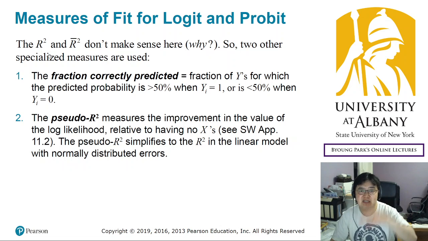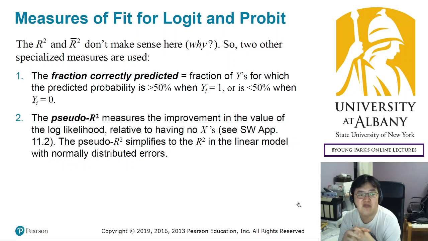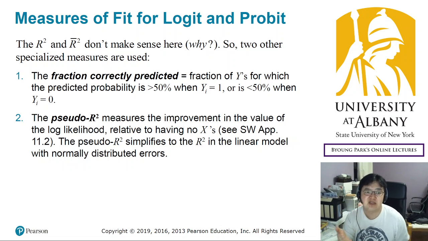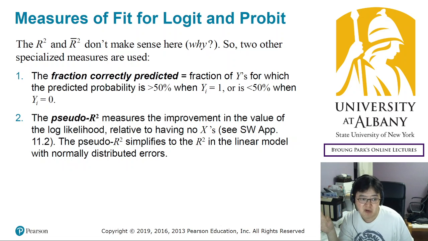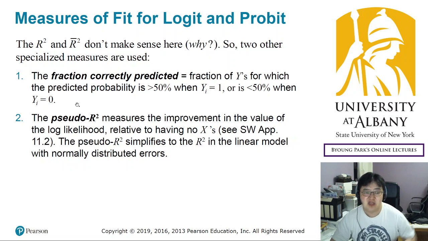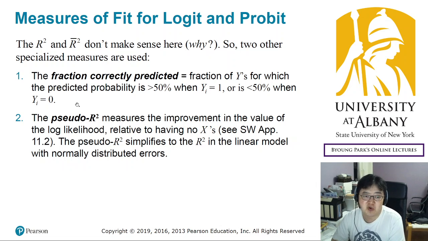Instead, we are maximizing the likelihood. Therefore, what corresponds to R squared would be something related to the likelihood. That is pseudo R squared. What you are minimizing or maximizing would be a natural way to evaluate how good you are doing. If you are minimizing something, the smaller the better. If you are maximizing something, the larger the better. So the main idea behind R squared and pseudo R squared is related to the maximization or minimization problem in the estimation.